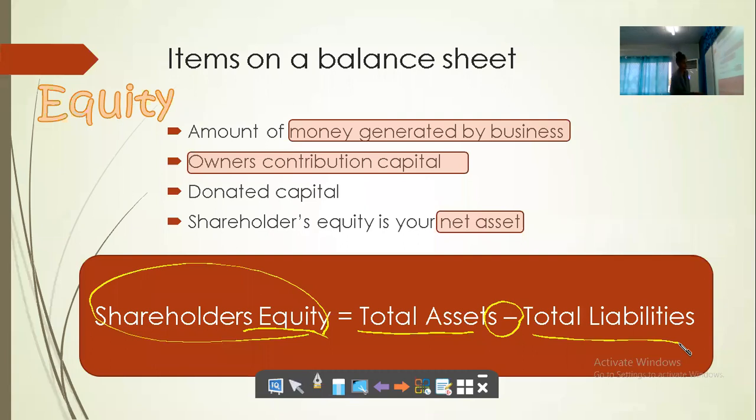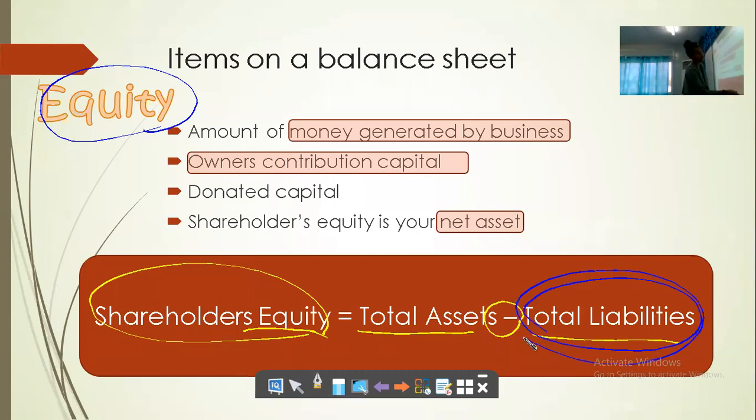The net worth of a business will be seen from the equity portion. Equity is what the business is worth after you subtract all the liabilities. Net worth, also known as net asset.